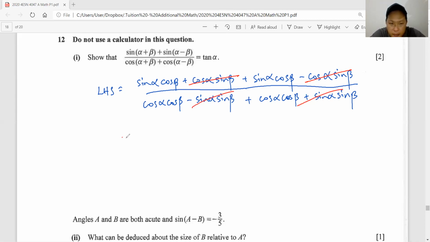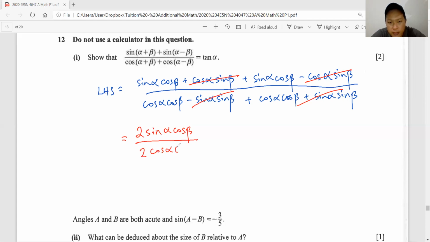Guess what's going to happen? We're going to have the numerator much simpler now. Sine alpha cosine beta plus the same thing. If you add the same thing, isn't it just times 2? Now the denominator will be cosine alpha cosine beta plus itself, which means times 2 also.